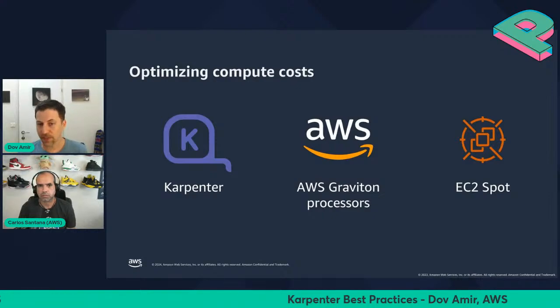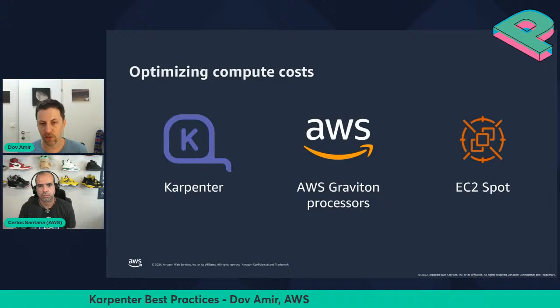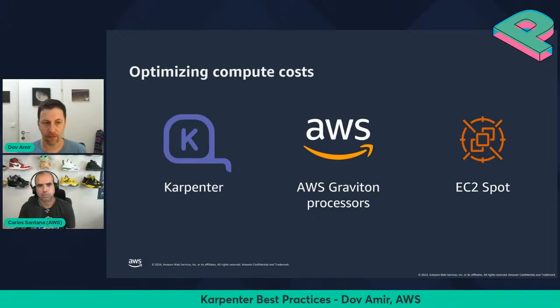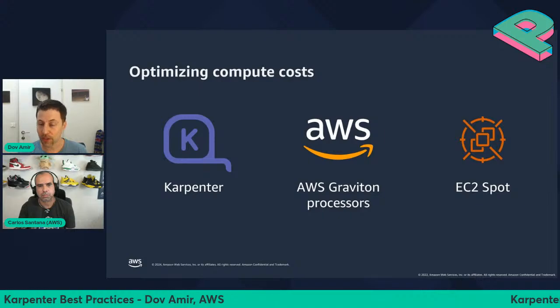A trend we're seeing in recent years is that customers more and more use Spot in production. So we see some large customers using almost 100% of their instances in Spot in their highly available mission-critical production workloads. How is that possible?